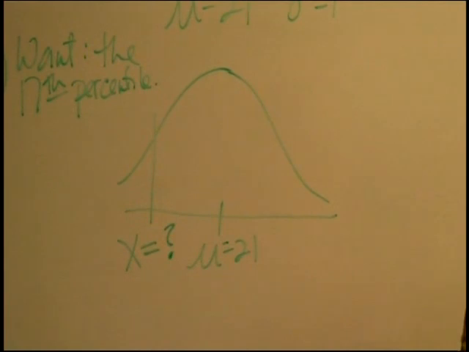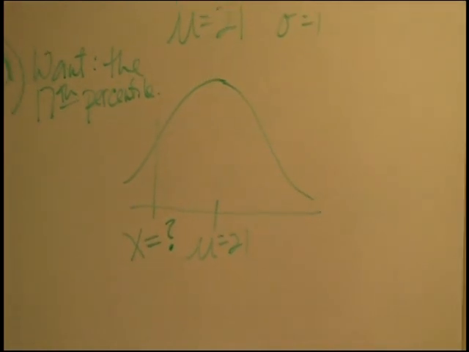Kevin asks why it would only be from one side. Because of the definition of a percentile: 17% of the data is at or below.